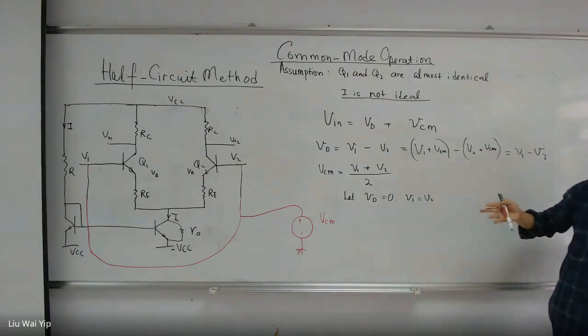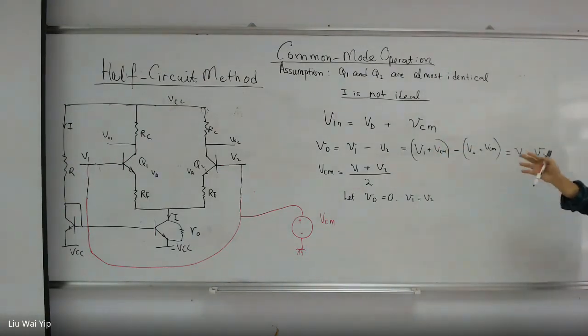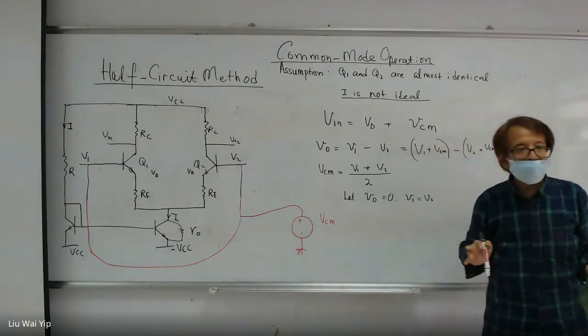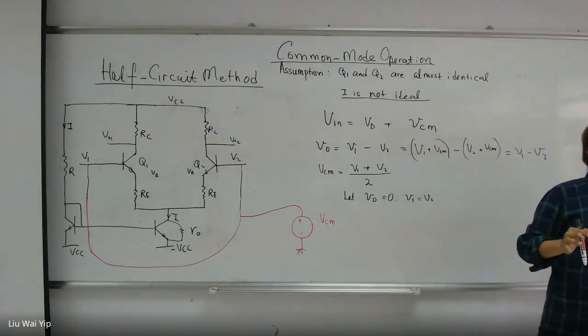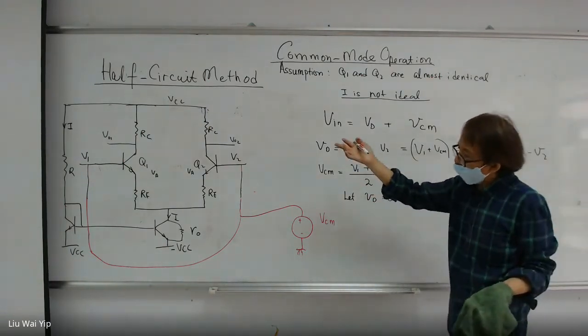But now when you have a common mode, in what situation can we not end up with this expression? In what situation are we affected by the common mode? Common mode means noise. In what situation will the circuit be affected by the noise?